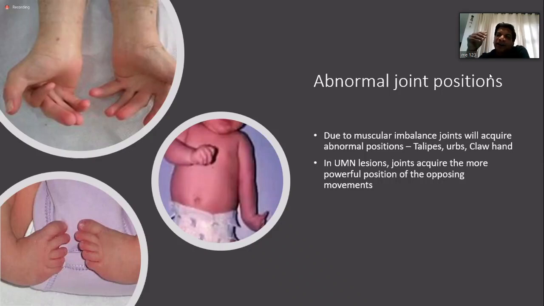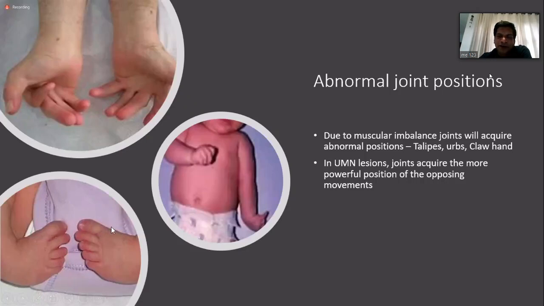Because of that, it will remain in the position. So you might note an abnormal joint position because of muscular imbalance. It is typically seen in children with spina bifida, right? In spina bifida, in the lower limbs, the foot gets everted, plantar flexed, with forefoot adduction. What do you call this condition?